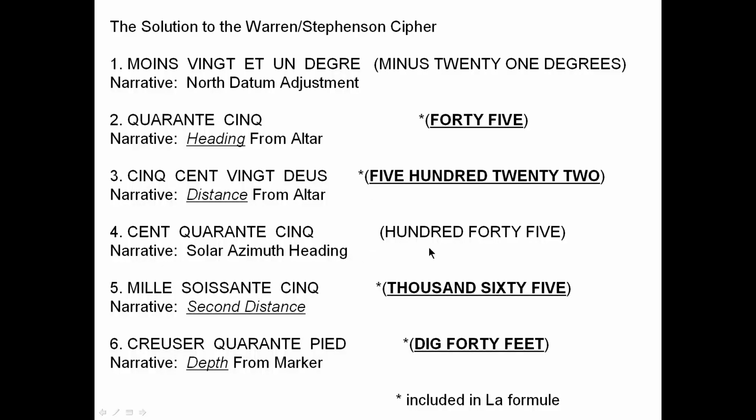That would give you the compass heading. So if this was a true north heading of 145 degrees, and you subtract 21 degrees, you get 124 degrees, which would be a compass heading.